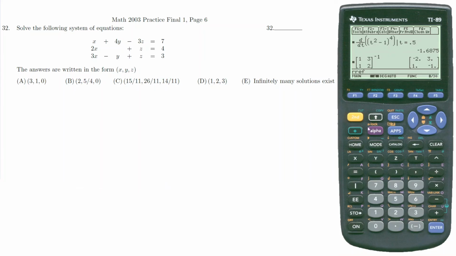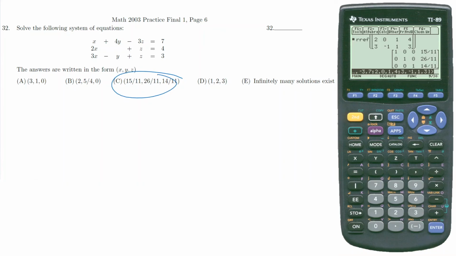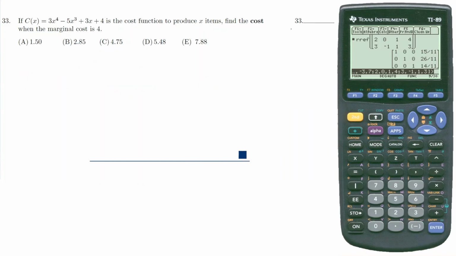So open bracket, this, and let's go 1, 4, -3, 7, semicolon 2, 0, 1, 4, semicolon 3, -1, 1, 3, and then boom, and let's go. And we got some fractions: 15 over 11, 26 over 11, 14 over 11. C. Good.